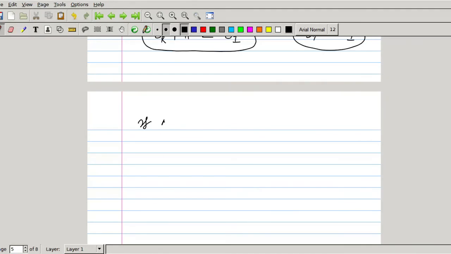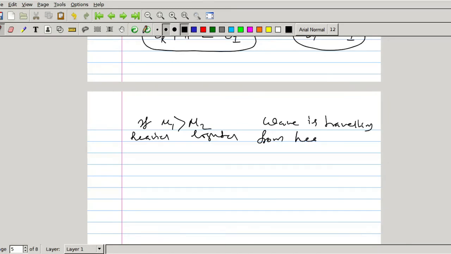If mu1 greater than mu2, that means the first is heavier and the second one is lighter. The wave is traveling from heavier medium to lighter medium. mu1 greater than mu2 means V1 less than V2.